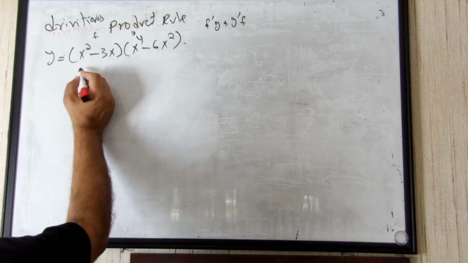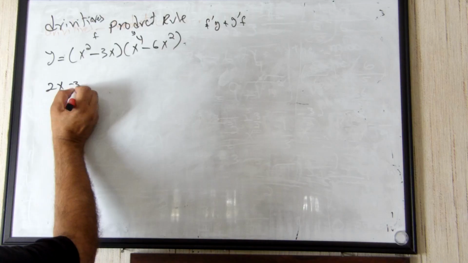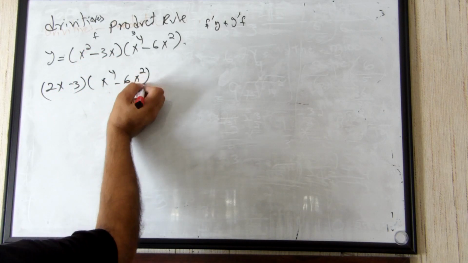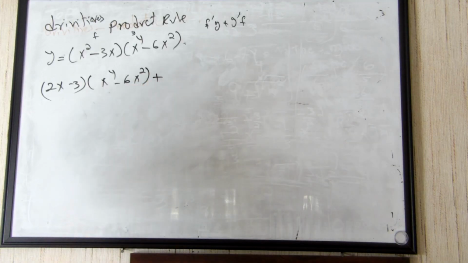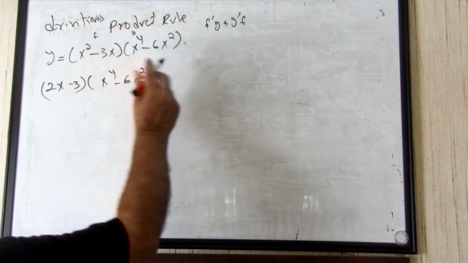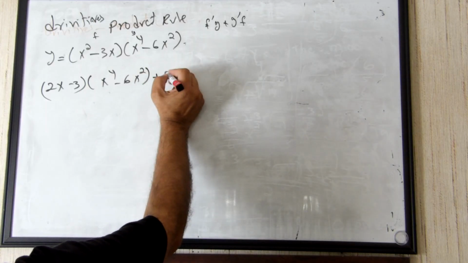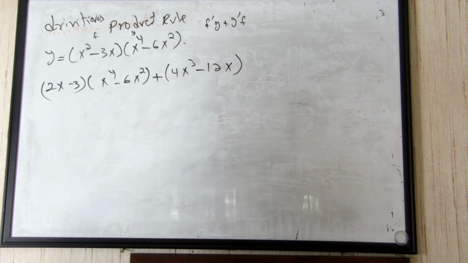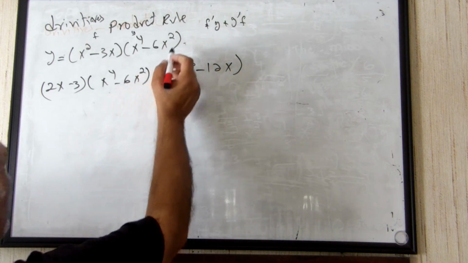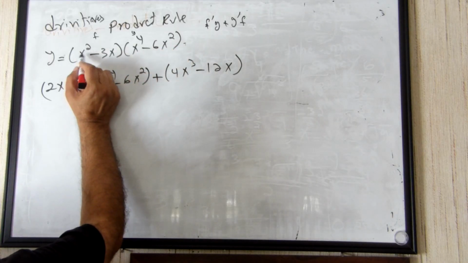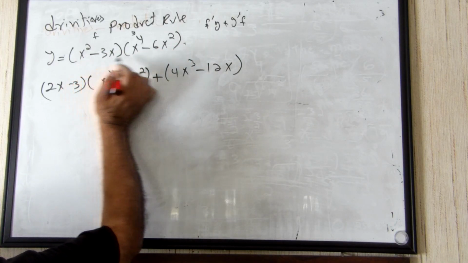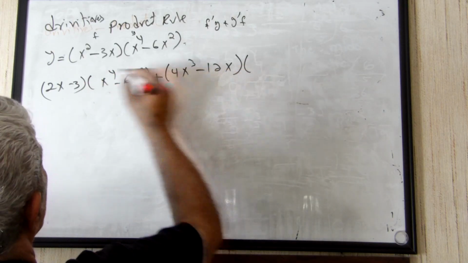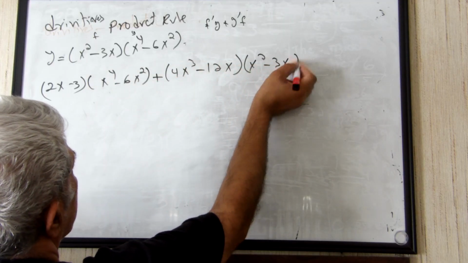So f prime is going to be 2x - 3, the derivative of this part, times the whole thing. And then plus the derivative of this one times this one. What is the derivative of this one? It's going to be 4x^3 - 12x, because as we talked about, 2 times x to the power of 2 minus 1 is going to be 1, and 3x is going to be minus 3, times the x^2 - 3x.